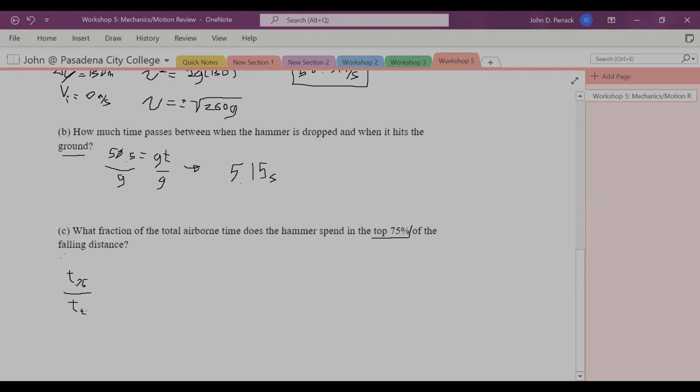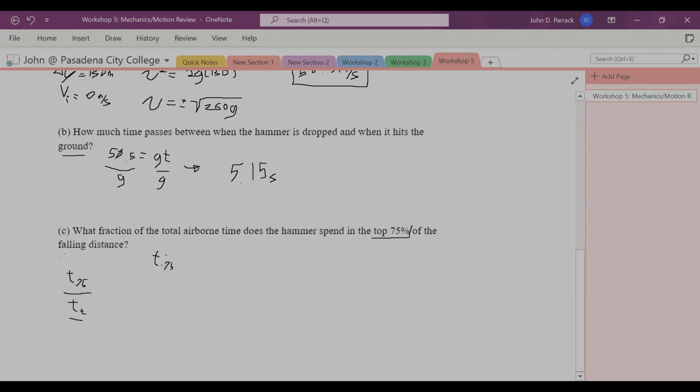Maybe we give that to them as a percentage, maybe we leave it as a fraction, but this is what they're asking us to find. We already found T total. So the only question mark here is, what is T.75?